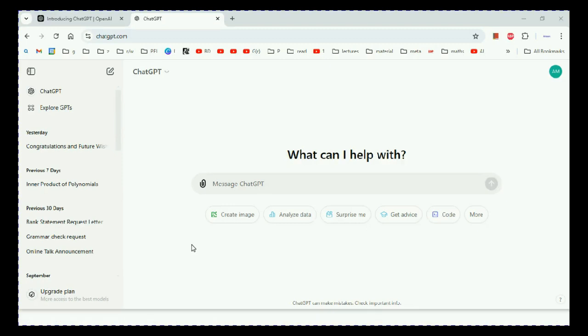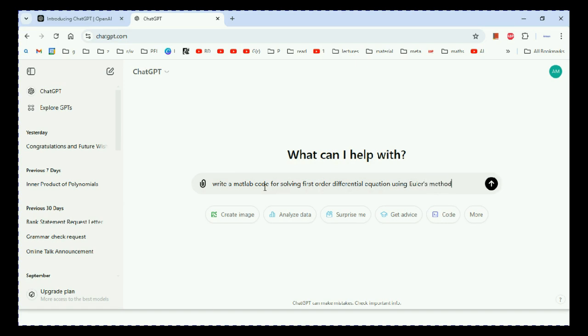We will take the help of ChatGPT to write a code for Euler's method. We can ask: write a MATLAB code for solving a first order differential equation using Euler's method.